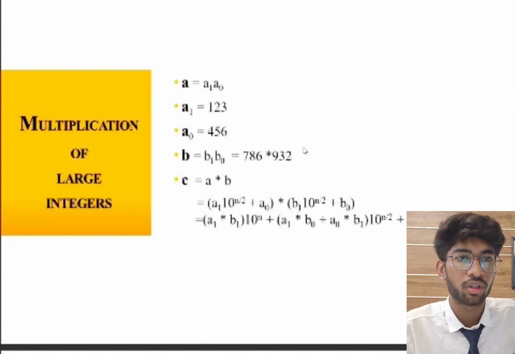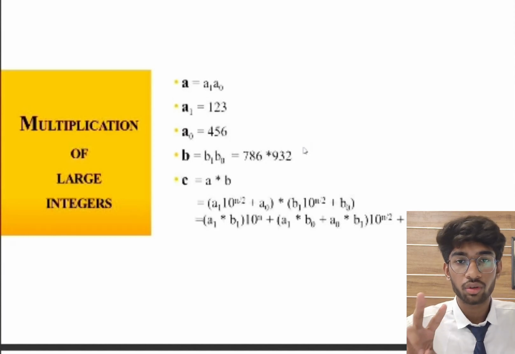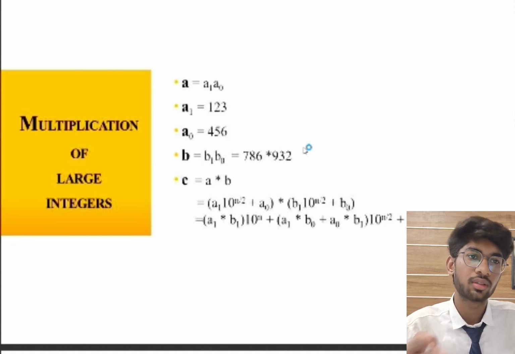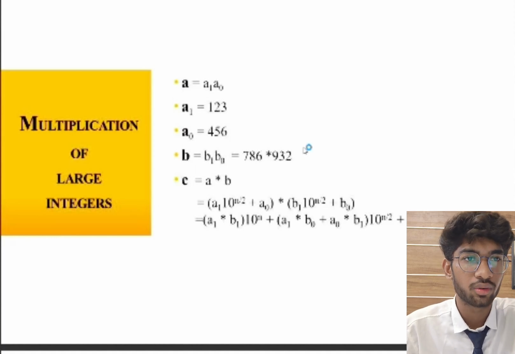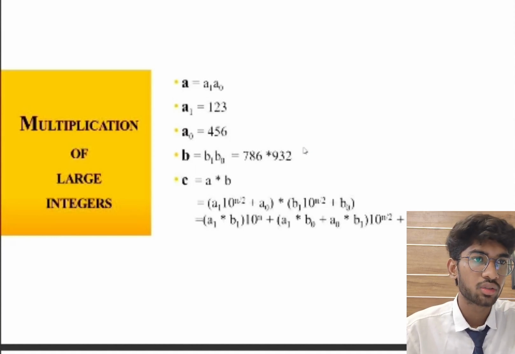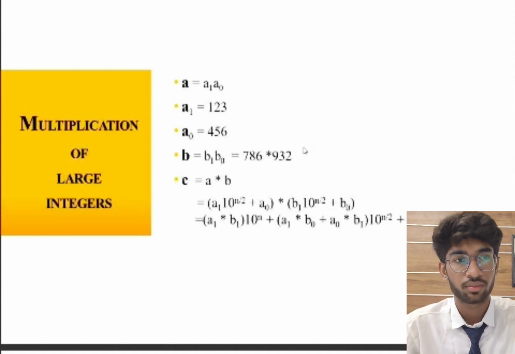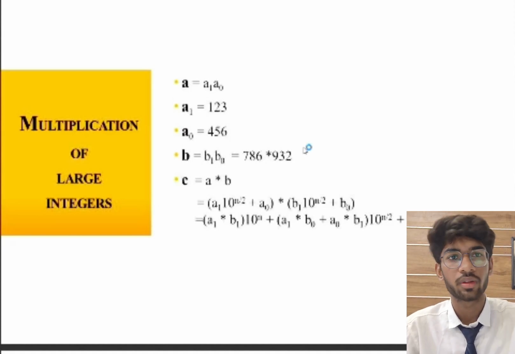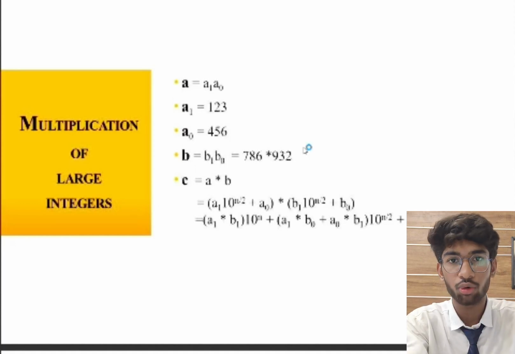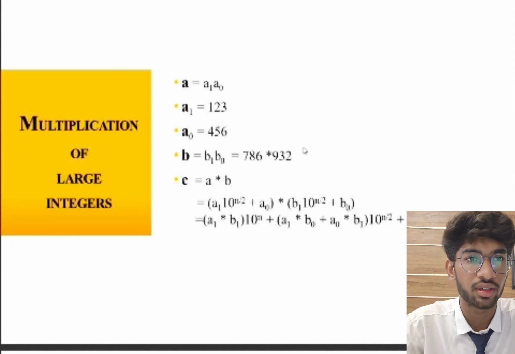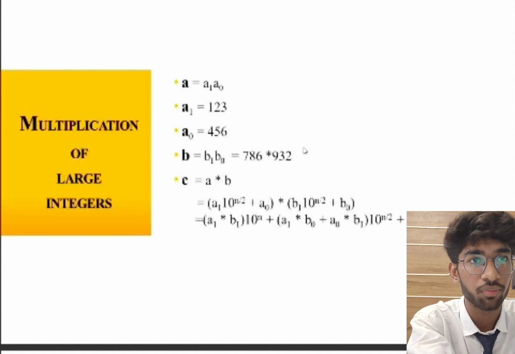We have a formula for this. To compute c equals a into b, we actually have three formulas. You can see these two formulas on the screen, and they are easy to remember. We just have to substitute the values in this formula and we will get the answer. You may ask what n is here.